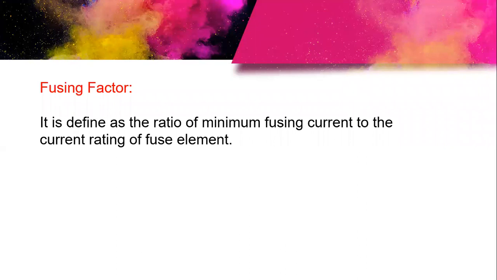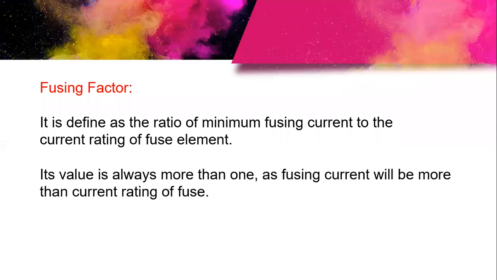Now, what is the fusing factor? The fusing factor is the ratio of minimum fusing current to rated current. That is 5.1 by 5. So what will happen? It will be more than one value. It is the ratio of minimum fuse current to the current rating of the fuse element. That is the fusing factor.